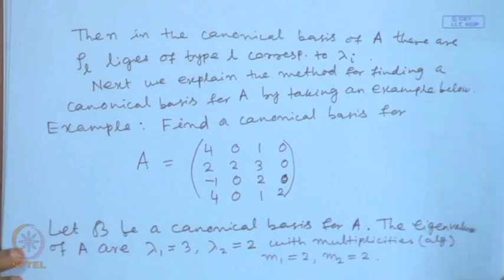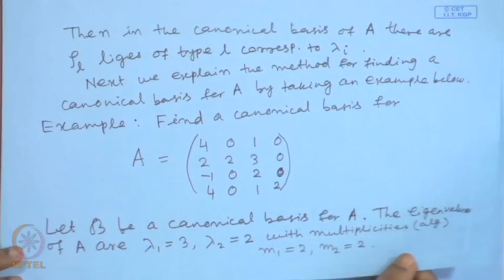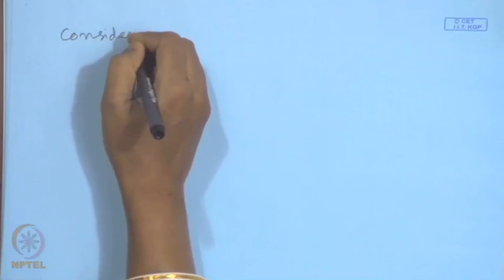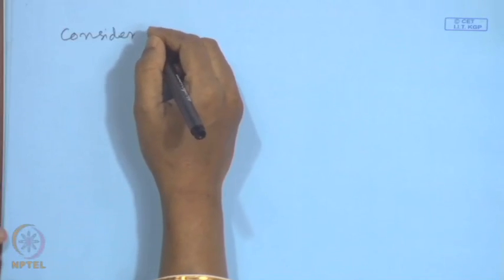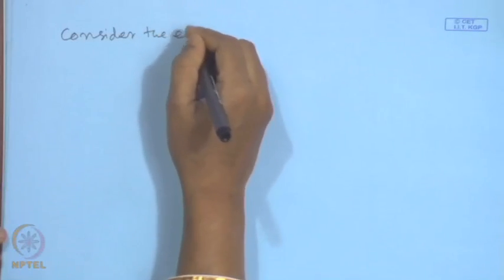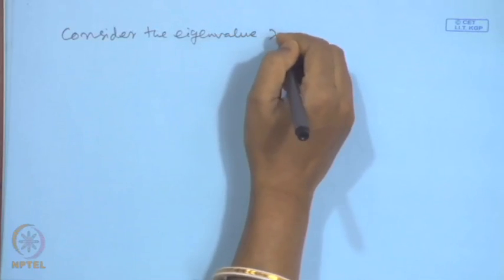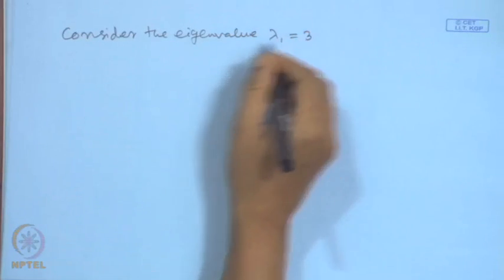So, next we shall compute the values of P_i and those rho_i. For that, first we consider the first eigenvalue, lambda 1, which is 3.